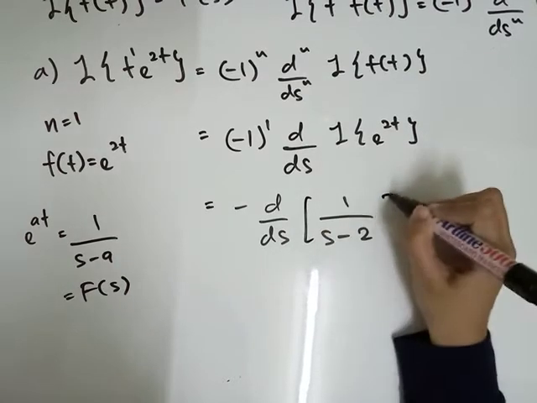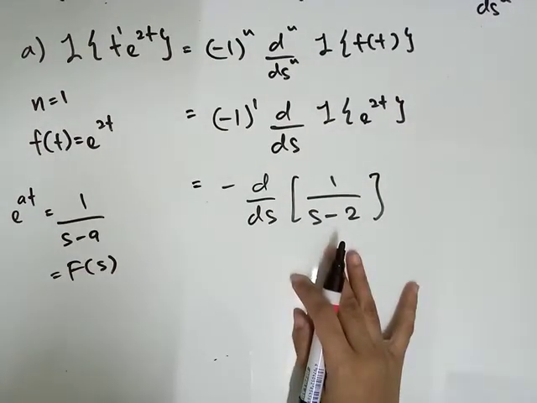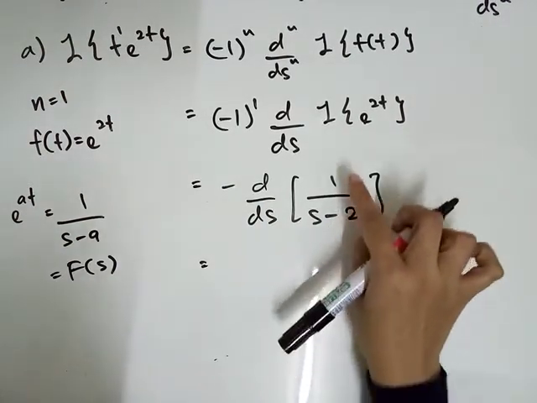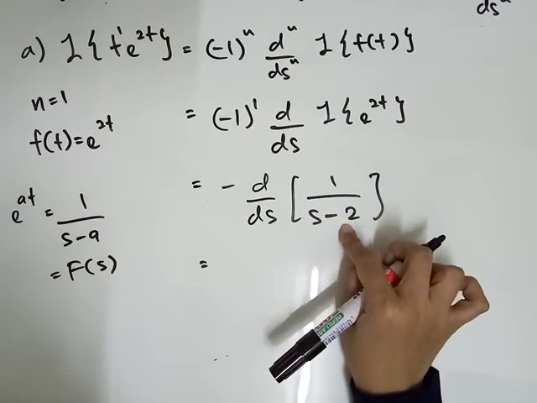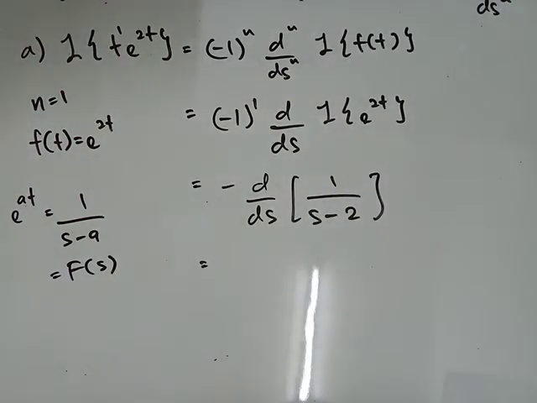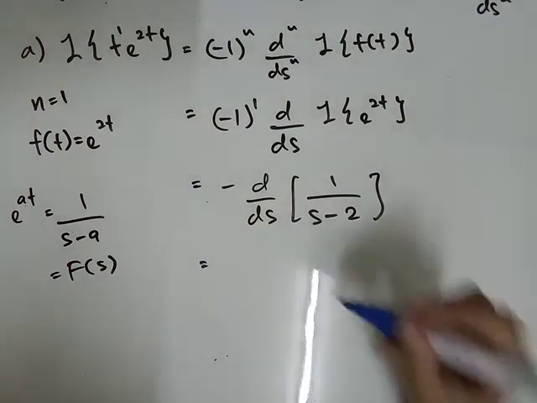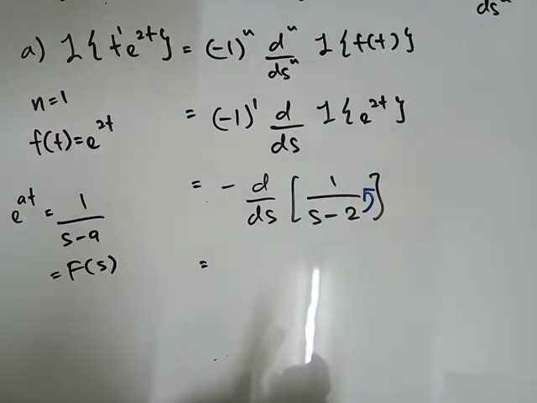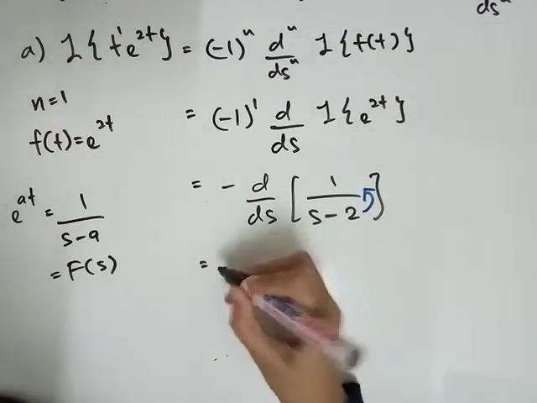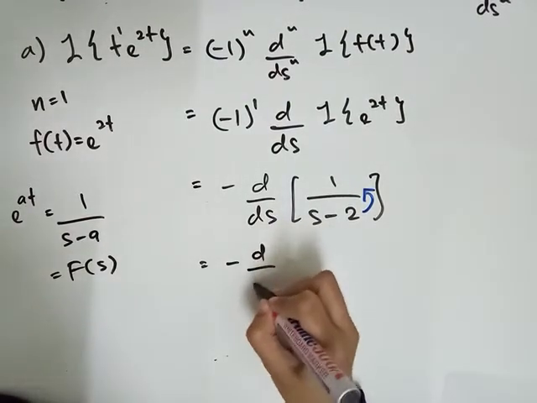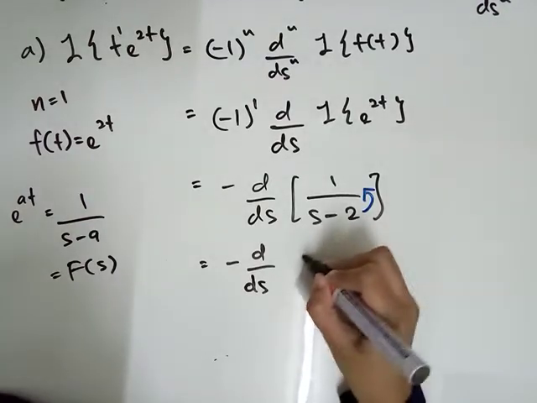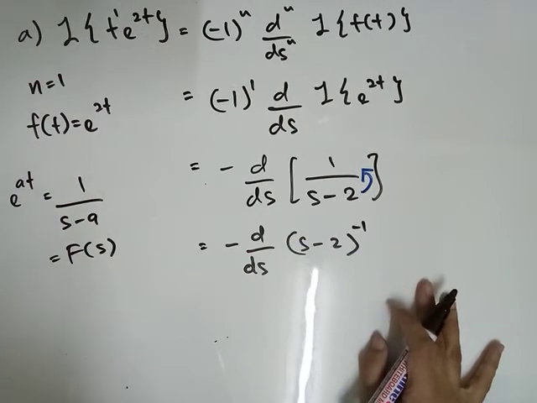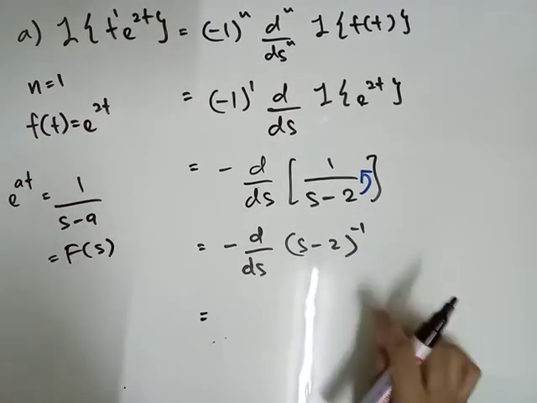So this one we need to differentiate: 1 over s minus 2. We need to bring it to the top so it is easier to differentiate. So negative d/ds of s minus 2 to the power negative 1. How to differentiate this one?